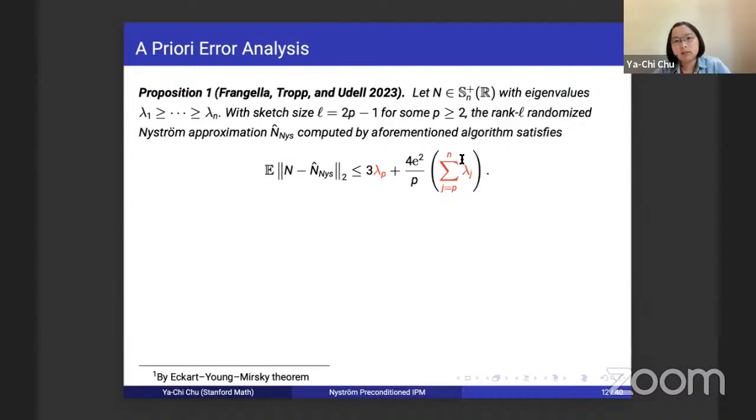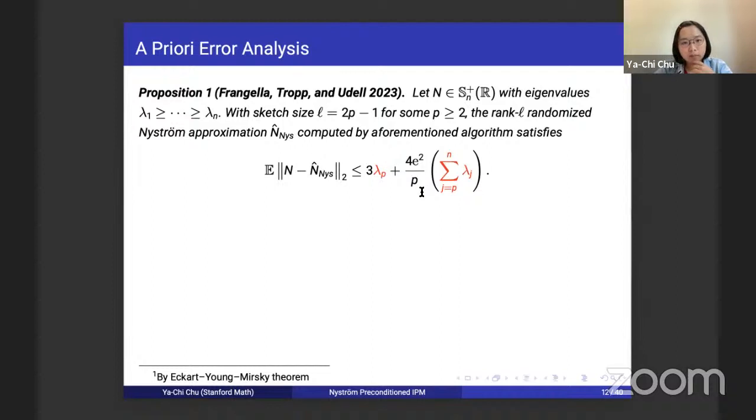So let's look at this theorem together. N is a positive semi-definite matrix again, and the eigenvalues are ordered from largest to smallest. Let's say we take the sketch size of this special form, which is 2p minus 1, where p is some number which we will talk about later. And then we consider the rank L randomized Nystrom approximation. Then on average, the error of the approximation can be bounded by this expression.